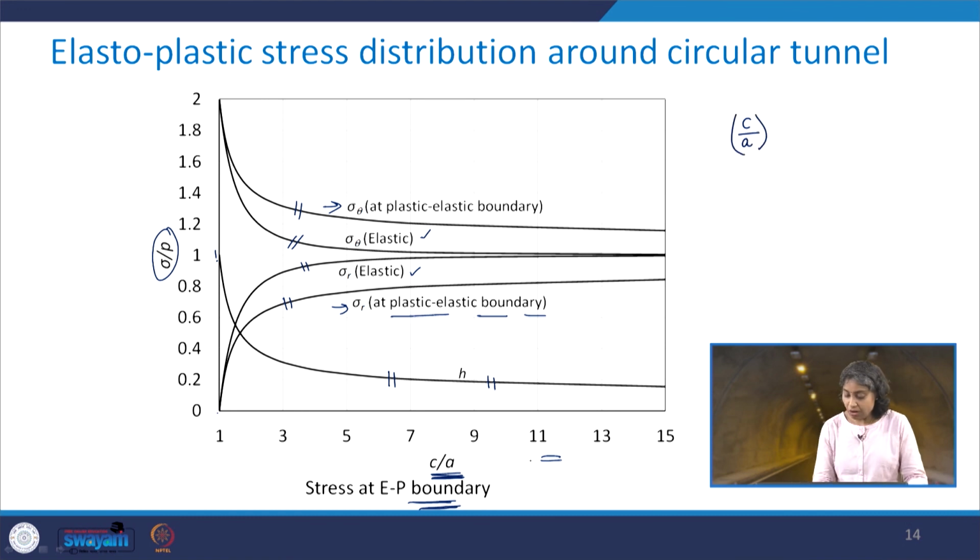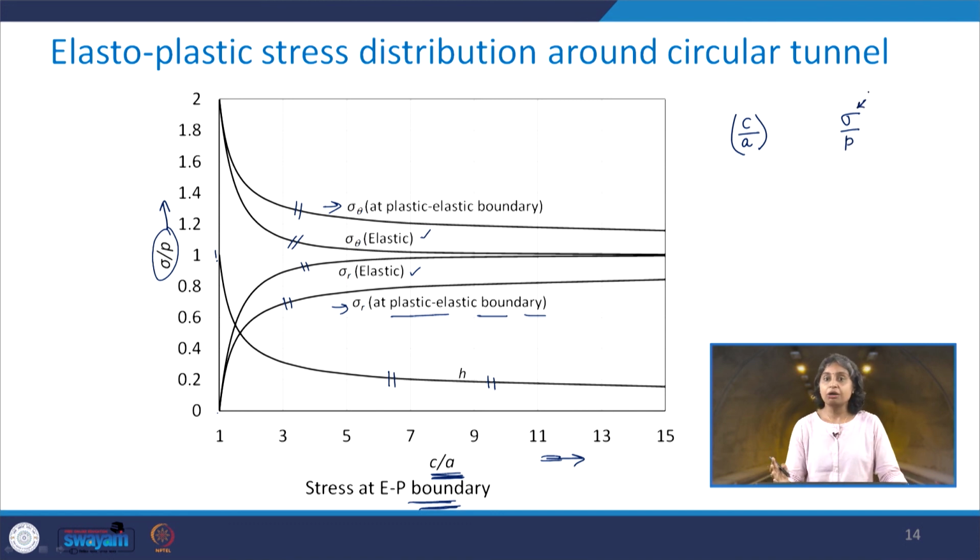So, on the x-axis we are presenting the non-dimensional form of the radius of the elastoplastic boundary, and on the y-axis we have the stress concentration factor, which is sigma upon P. Now, this sigma can be sigma r or sigma theta, that is, either the radial stress or the tangential stress, and its ratio has been taken with respect to the in situ stress.